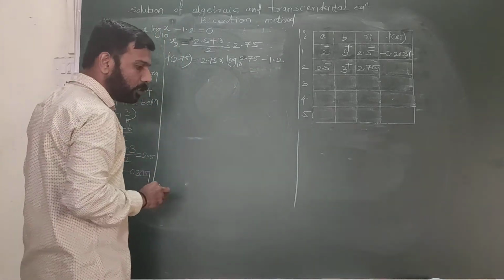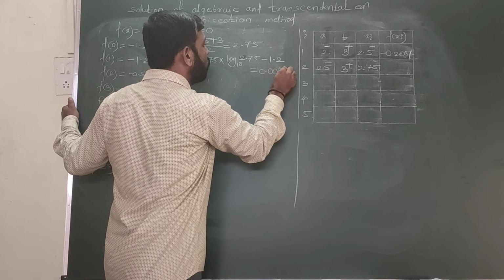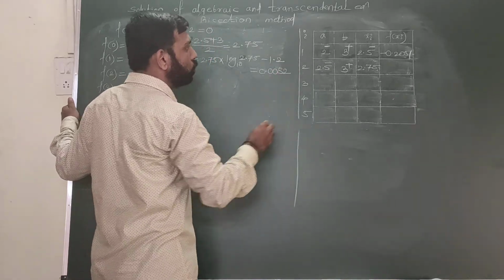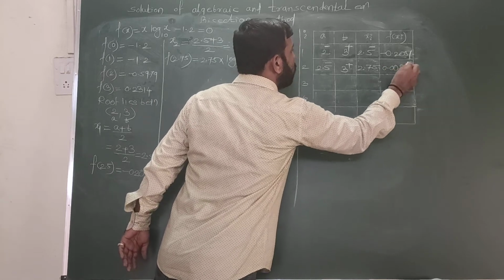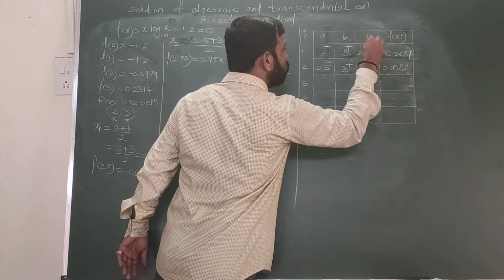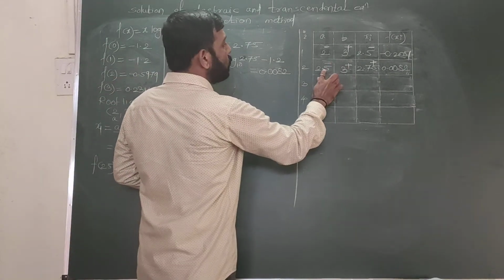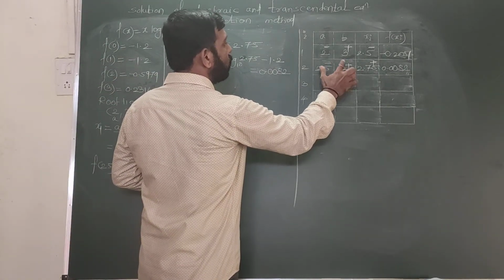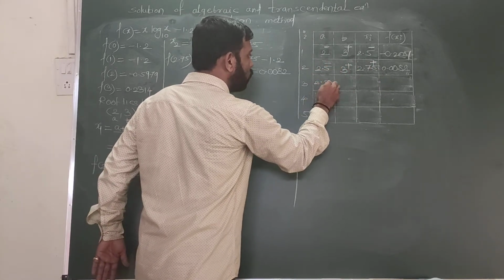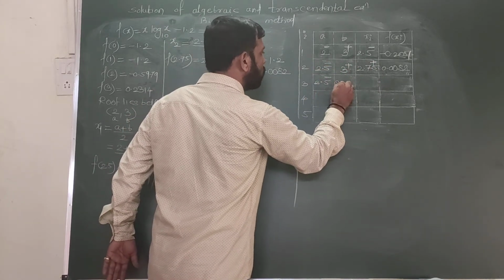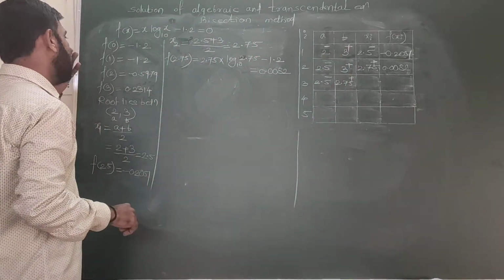The output is 0.0082, so this is positive. So put a plus sign here. Now consider the two opposite sign terms, plus and minus: 2.5 minus, 2.75 plus. So this becomes our next interval.